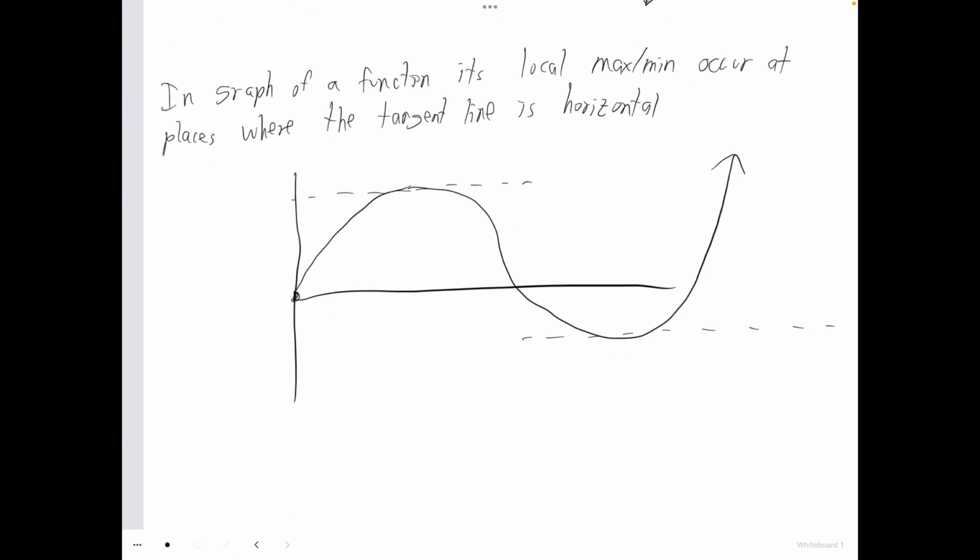And so we have the following fact. This is called Fermat's theorem. If f has a local max or a local min at C, meaning the x-coordinate is C, and f prime of C exists, then f prime of C is 0.